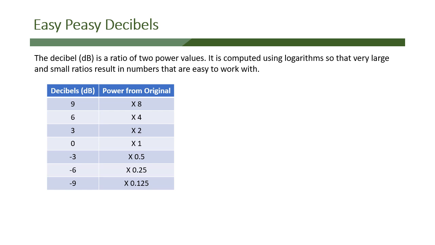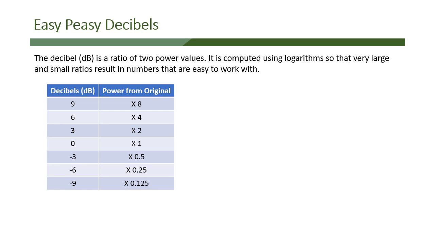So 3 decibels means we've doubled the power. 6 decibels means we've quadrupled the power. A 9 decibel increase brings the power up by a factor of 8 times. So 0 is 1, 3 is 2 times the power, 6 is 4 times the power, 9 is 8 times the power. You can interpolate other values to get an approximation, and that'd be good enough for amateur radio work.